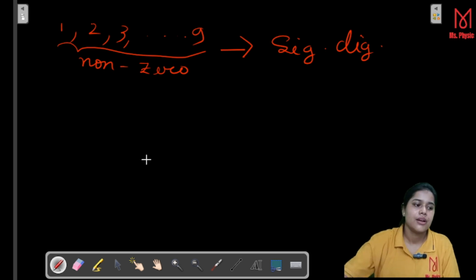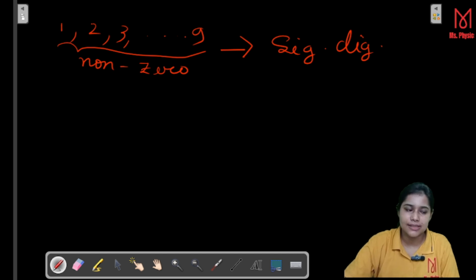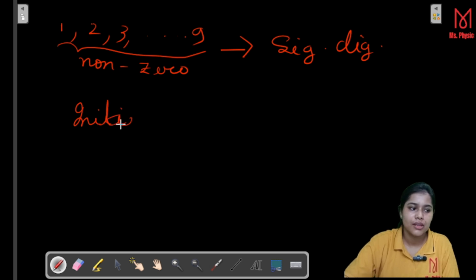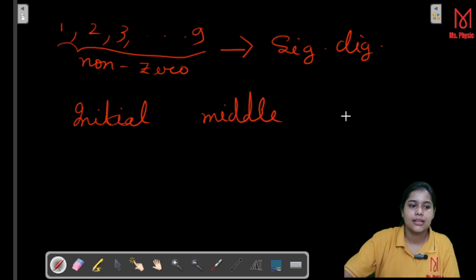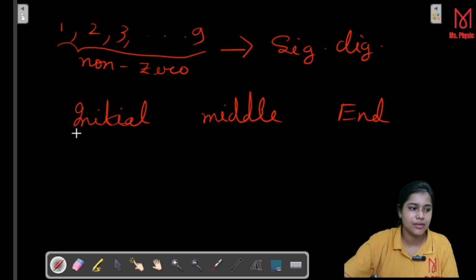Not really. First of all, 0 can be placed in 3 places. One is initial, another is middle, and another one is at the end position. 3 positions can be.